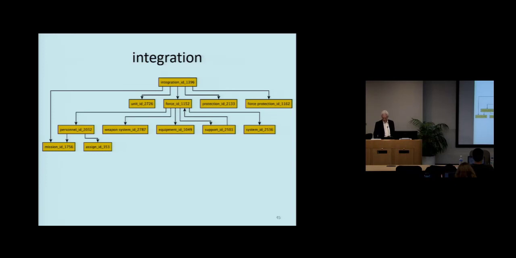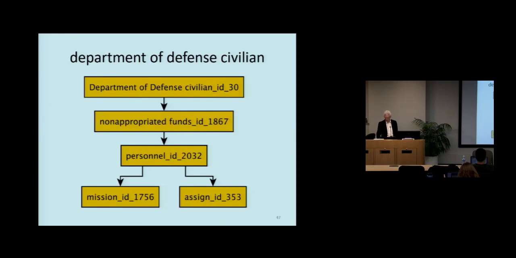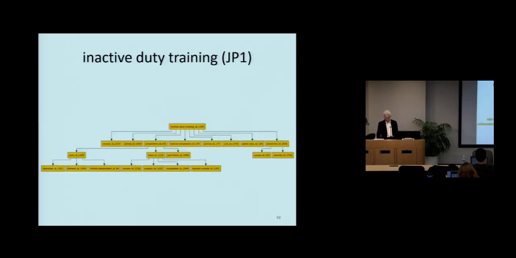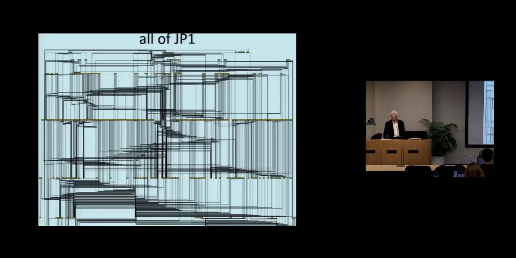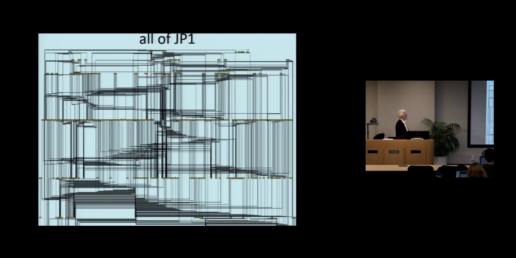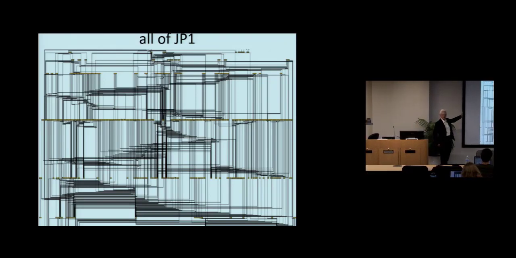Similarly with equipment and so forth, and defense message system and Department of Defense civilian, and inactive duty training, and the whole thing. These are all the dependencies in joint pub number 1. Before we built the ontology, you couldn't see that.